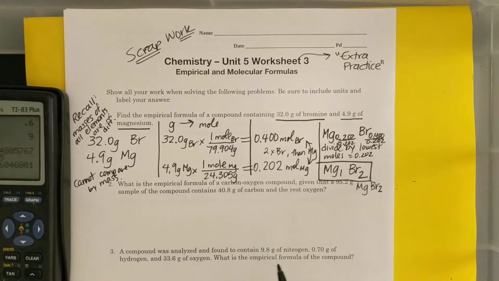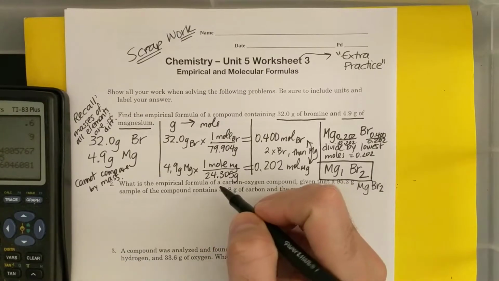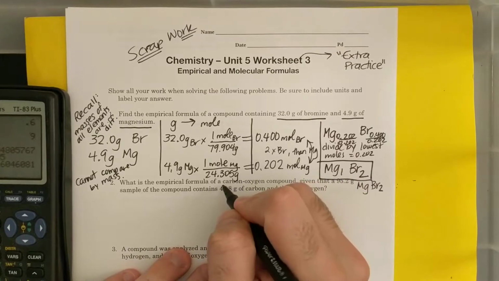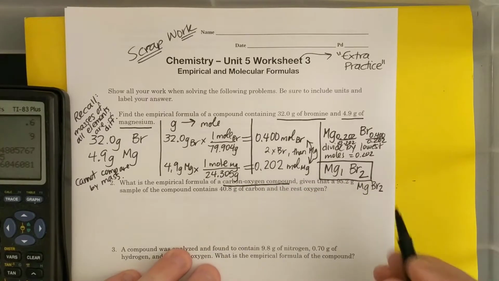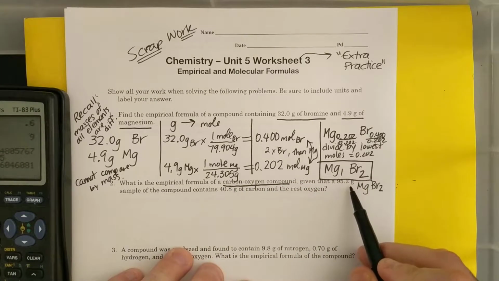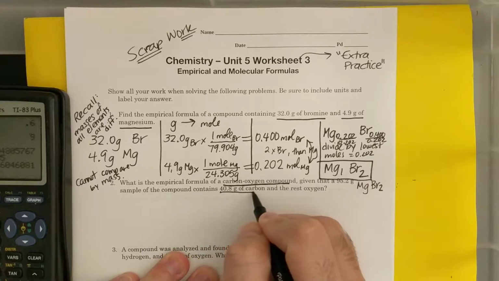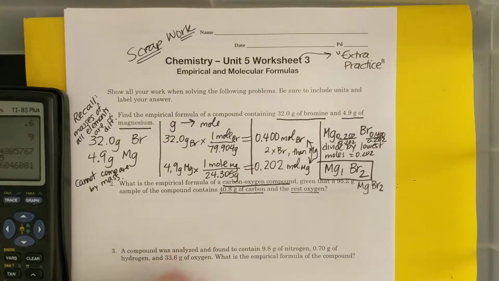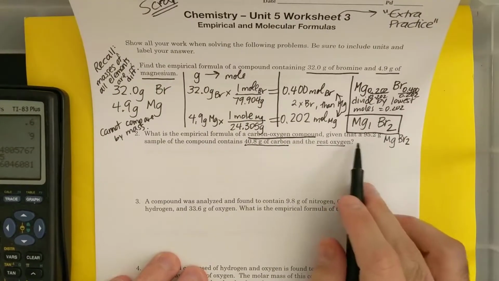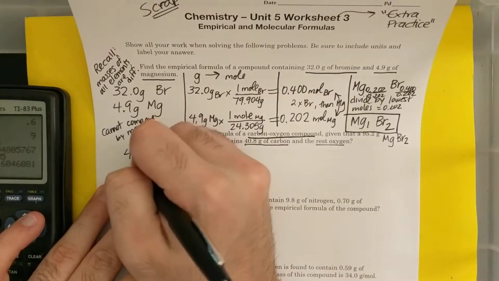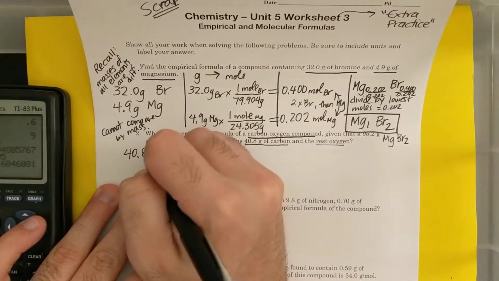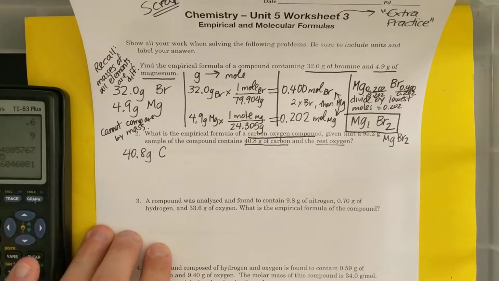It says, what is the empirical formula of a carbon-oxygen compound, given that a 95.2 gram sample of the compound contains 40.8 grams of carbon and the rest oxygen. So this requires a little bit of an extra step here. I know that I have 40.8 grams of carbon, okay?